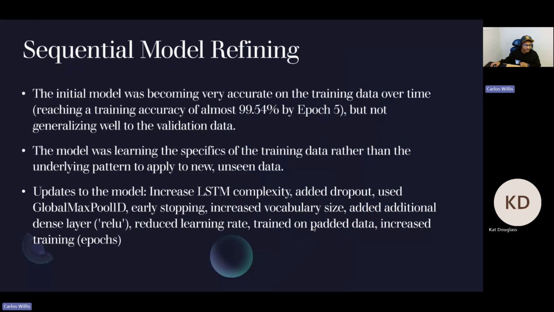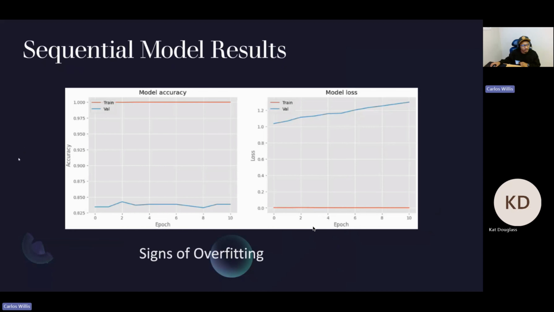That was indicated by the increase of validation loss with a stagnation in validation accuracy for each epoch. So the model was learning specifics of the training data rather than the underlying pattern to apply to new unseen data.